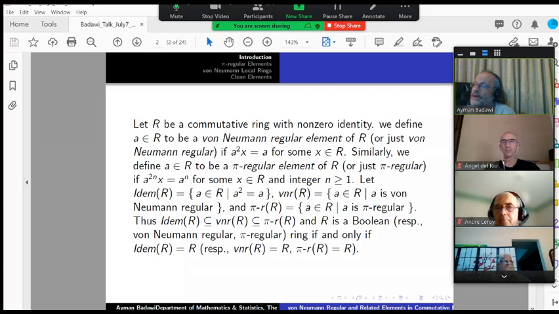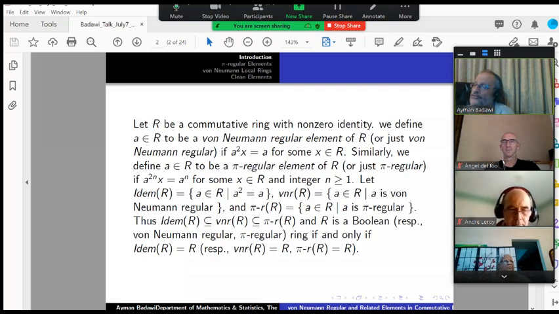And then we have a pi regular element of R. What do we mean? If a to the 2n x equals a to the n for some x in R, an integer n bigger or equal to 1.